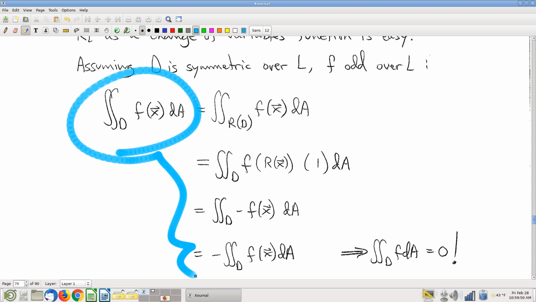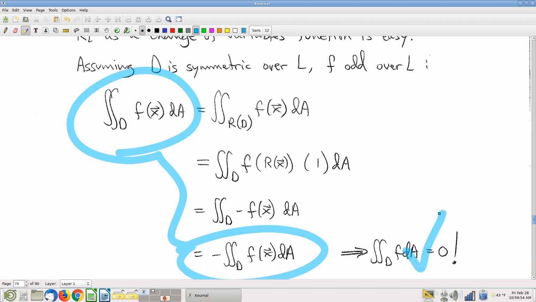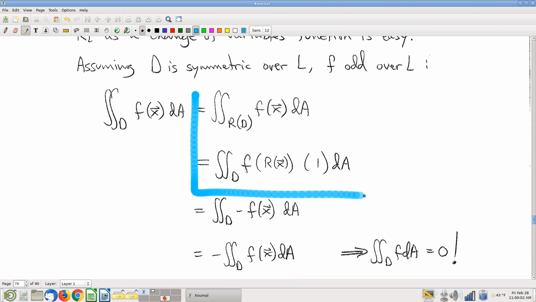This integral that I'm interested in is its own negative, and therefore is 0. It's a sweet little argument, right? Very cool. And again, it relies critically on change of variables and this pullback from an image domain to a pre-image domain. So, lovely argument, for your consideration.